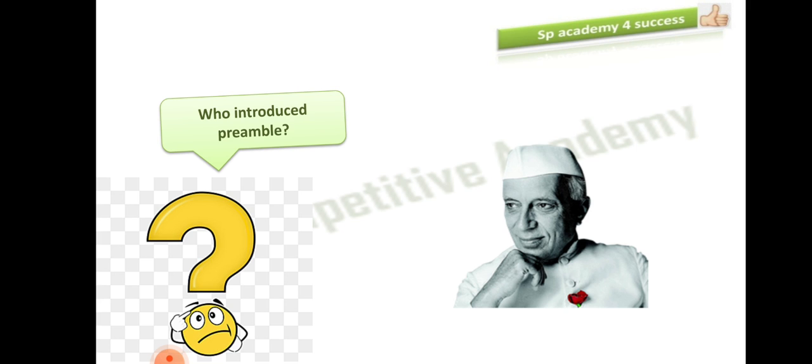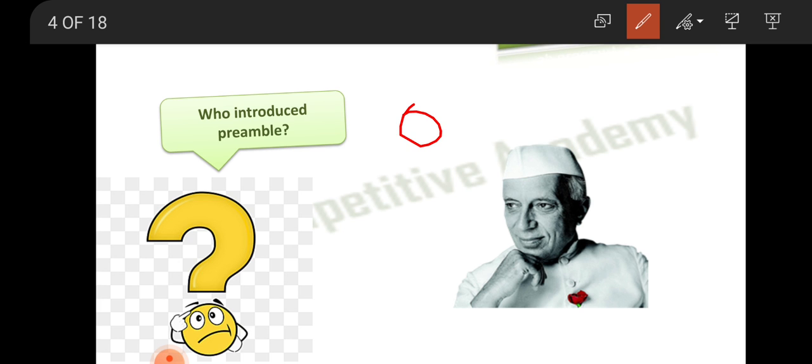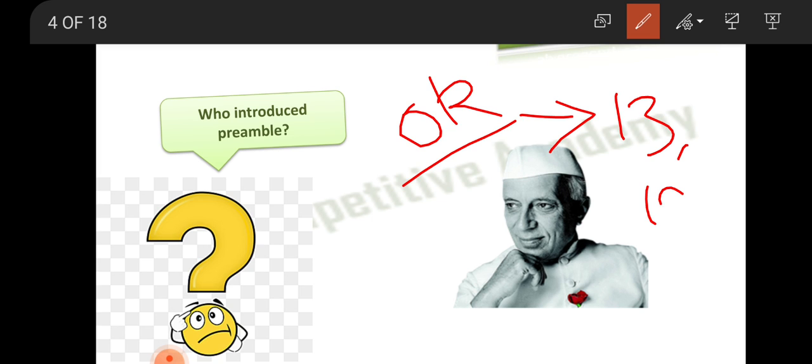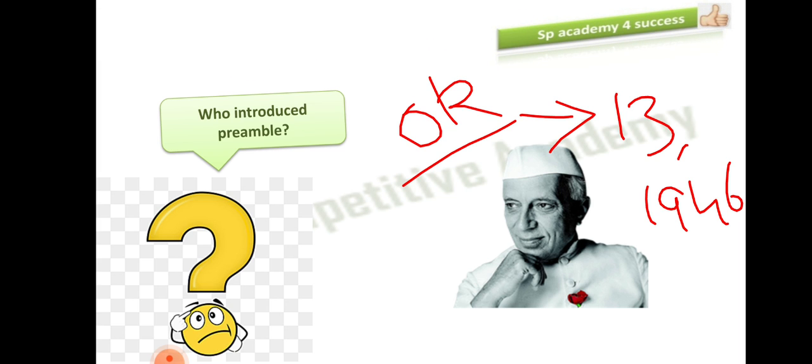The constitution is based on the Objectives Resolution, which Jawaharlal Nehru ji proposed. This Objectives Resolution was introduced by Jawaharlal Nehru ji on 13th December 1946, when he moved the draft of the Objectives Resolution, and that was accepted by the Constituent Assembly.